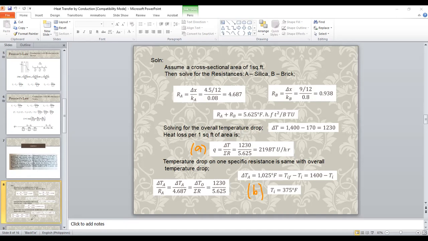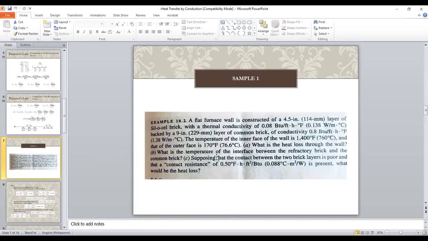Okay, now we go to letter C. Let me just clear my drawing. So this is the answer for A and this is for B. We go to the C. For C, you have a condition: suppose that the contact between the two bricks is poor, and that a contact resistance of 0.5 is present in between these two. What would be the heat loss?